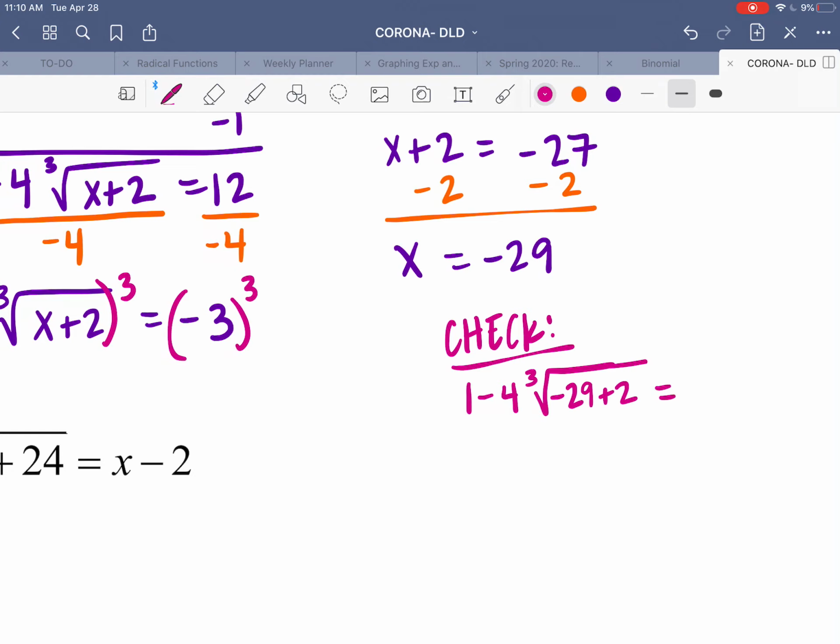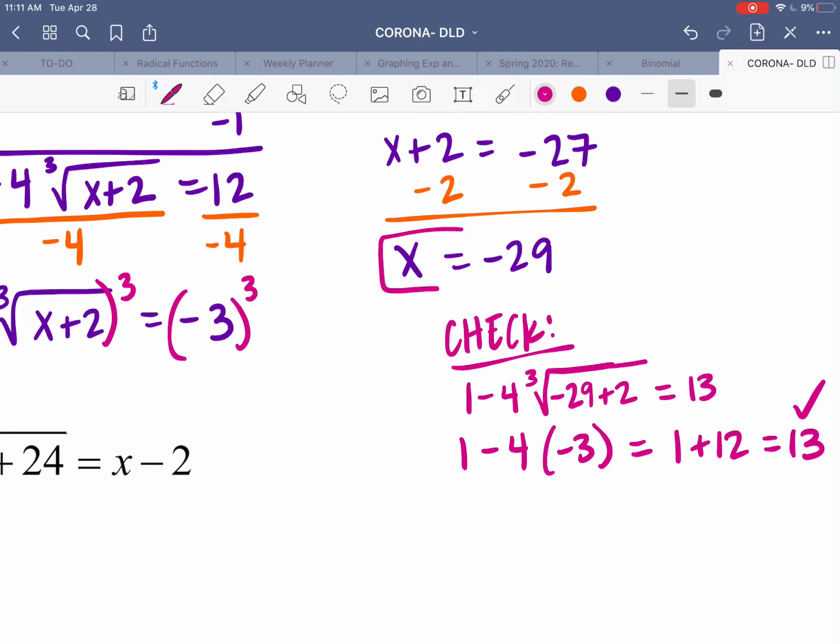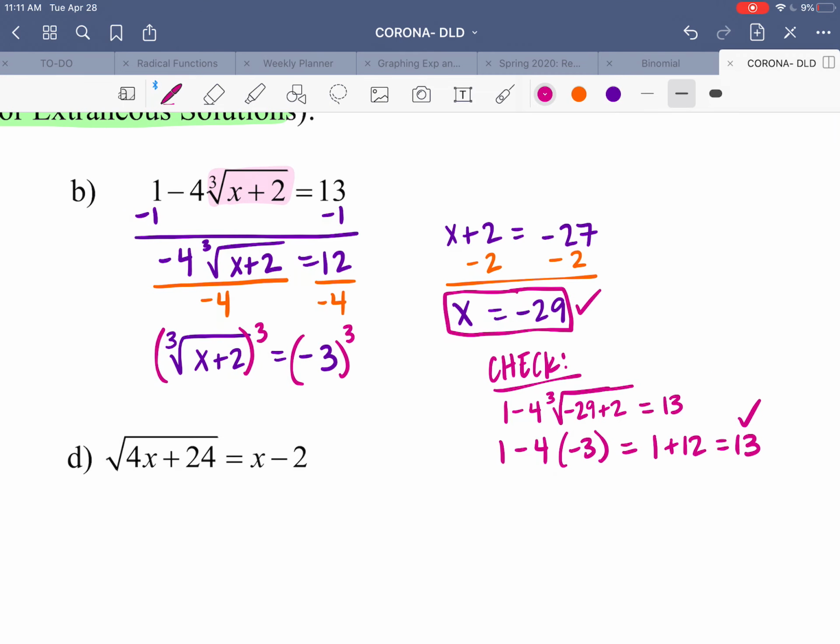Negative 3 times, let me write it out for you. This is going to be 1 plus 12, which equals 13, and that is equal to 13, which is what we're looking for. So we know that this here is a proper solution to this equation.